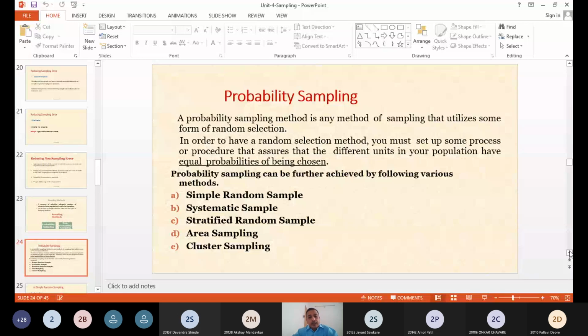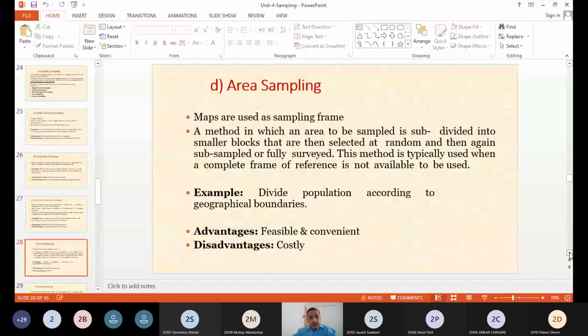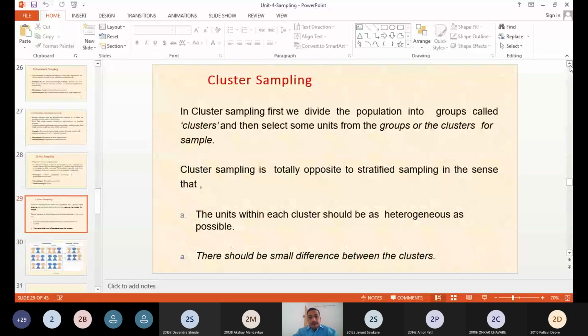In probability sampling, there are different types like simple random sampling, systematic sampling, stratified random sampling, area sampling, and cluster sampling. We discussed till area sampling yesterday, and today we will discuss cluster sampling.